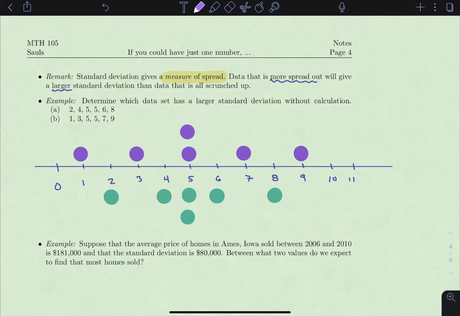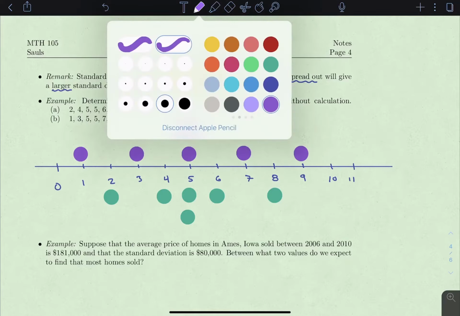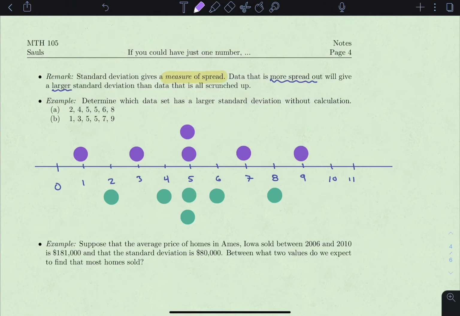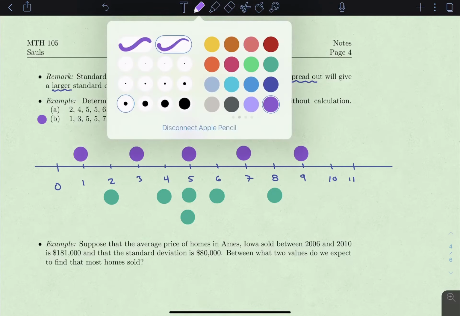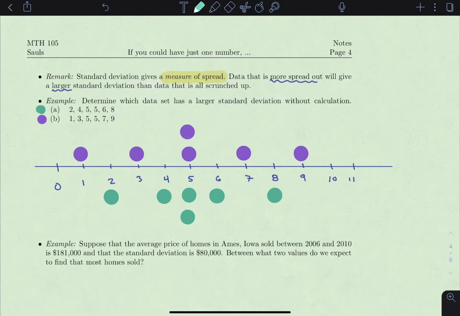At any rate, this is a visual representation of both the data sets, so we should actually color code them. B is the purple one, and A is the turquoise one.